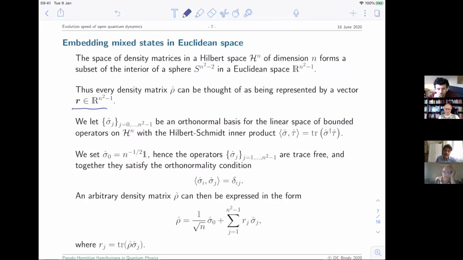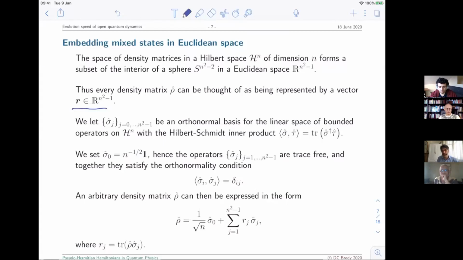We introduce an orthonormal basis for the linear space of operators on n-dimensional Hilbert space equipped with the trace inner product. So if we have any operators sigma and tau, then the inner product is given by the trace of sigma dagger times tau. Okay, so we form an orthonormal frame, and there are exactly n squared of those in a Hilbert space of dimension n, and we call them sigma 0 and sigma j's.